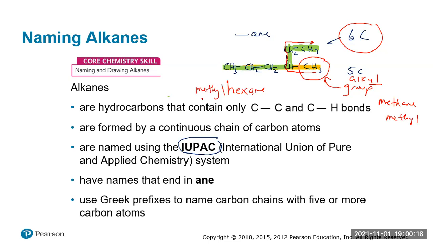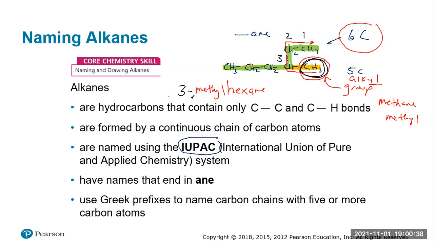The other thing we commonly need to do in organic chemistry, which we'll talk more about next time, is give people the location of where this group is located. It happens to be located at carbon 1, 2, and 3. This would be referred to as 3-methylhexane.